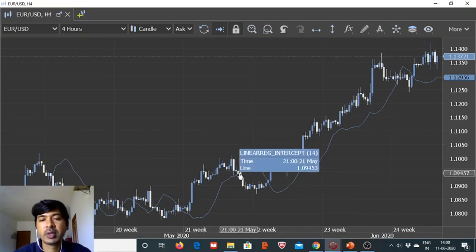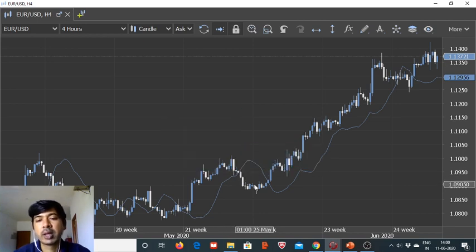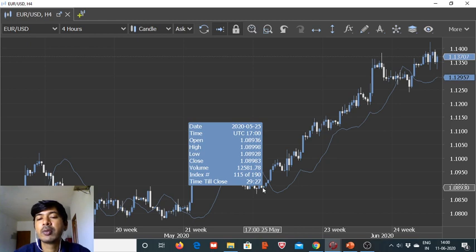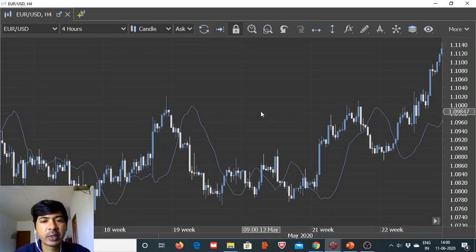Whenever the price action crosses below this linear intercept, and as long as it remains below it, we will be looking for short sale trades. But as you can see, sometimes it is not that easy to gauge the trend.